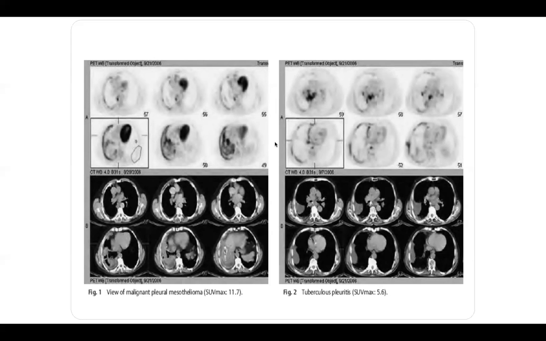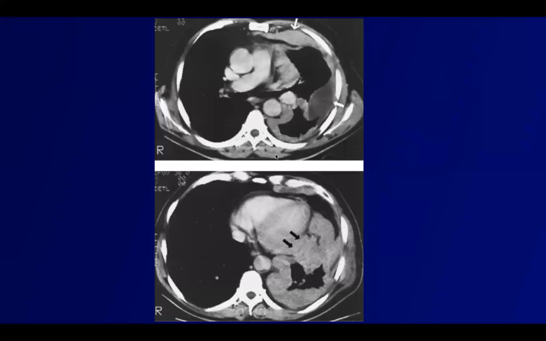So in order to make a definite diagnosis, one should take a biopsy from this thickened, irregular shape, SUV positive parietal pleura. I told you that if the mesothelioma is at extensive stage, we should expect to see large mass lesions, as you see in this patient. These are large mass lesions.